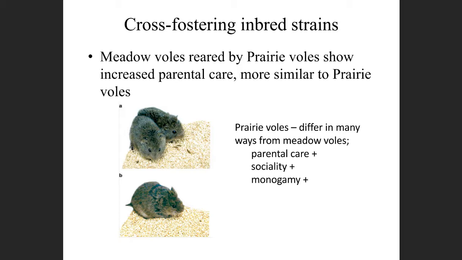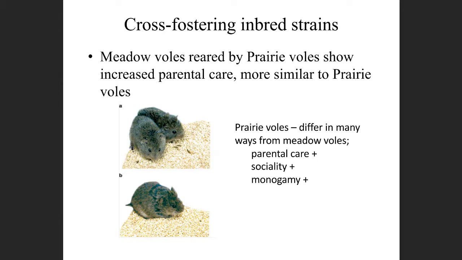In this example, if you cross foster pups, in other words, if you take meadow voles, which normally don't show any paternal care, and you foster those meadow vole pups into prairie vole families, so they are reared by prairie voles, they end up showing increased parental care.